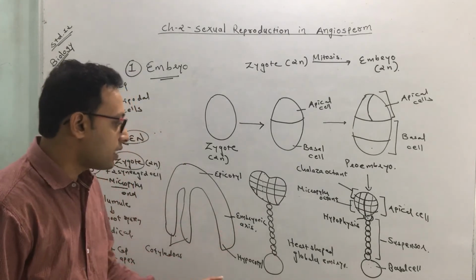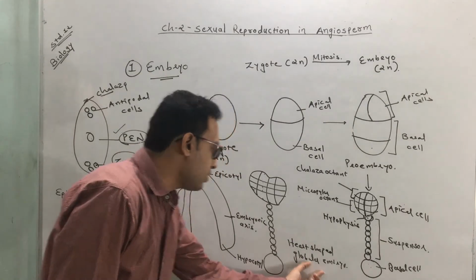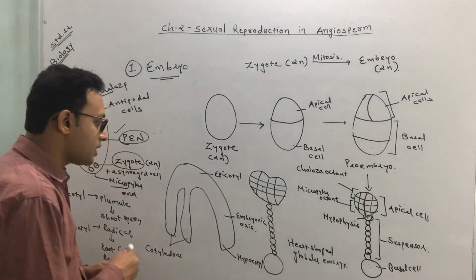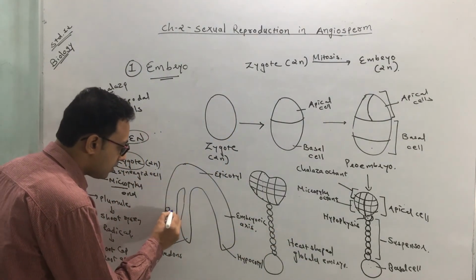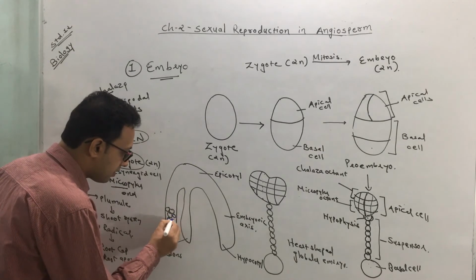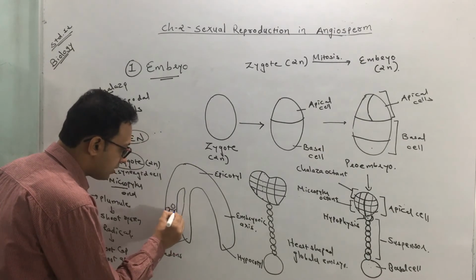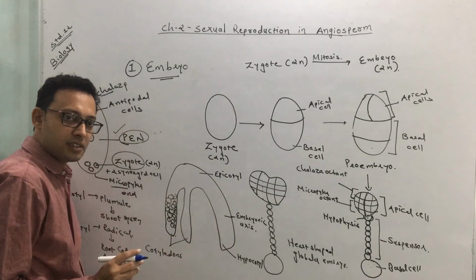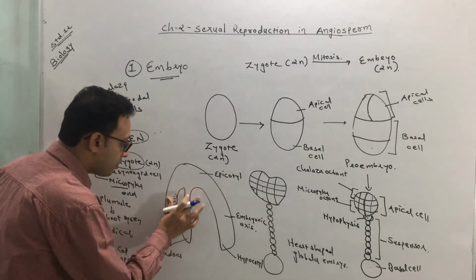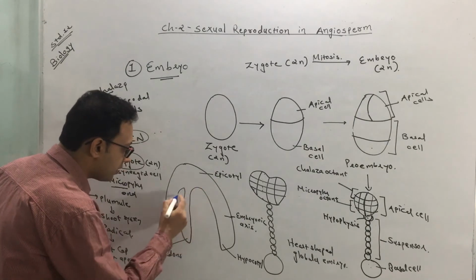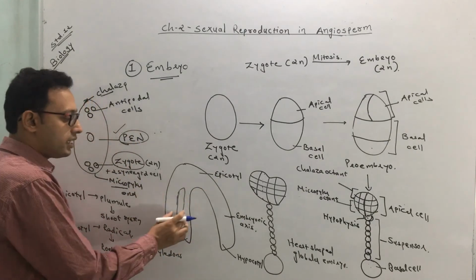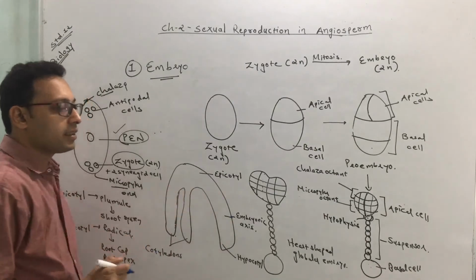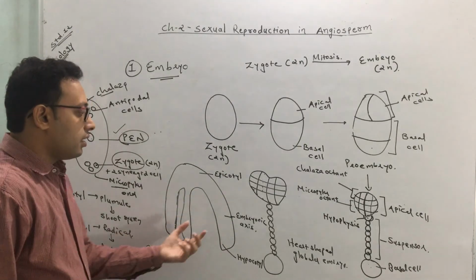So how does the process occur? The heart-shaped globular embryo converts into such a structure. This is full of cells. Like this, lots of cells are present, and they continue to divide. Clear? But for easy understanding, I am drawing a structure like this so you can easily remember it. So it contains 2 cotyledons and 1 embryonic axis.